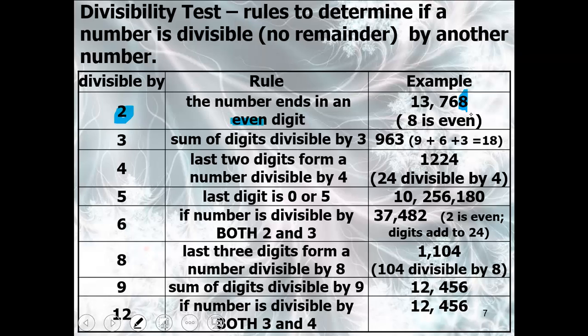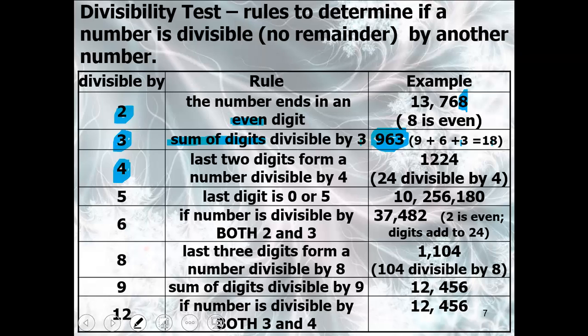A number is divisible by 3 if the sum of the digits is divisible by 3. So if we take the number 963, I add 9 plus 6 plus 3, that equals 18. 18 is divisible by 3, so this number is divisible by 3.